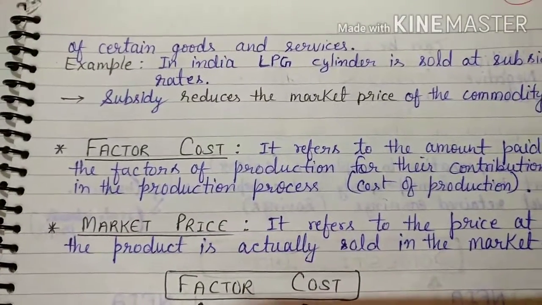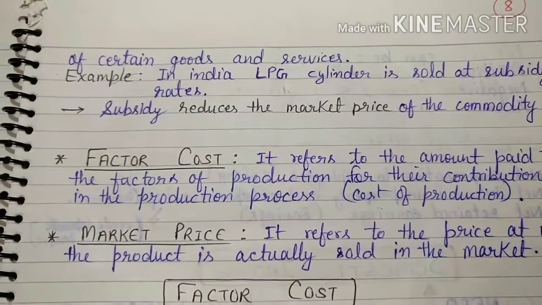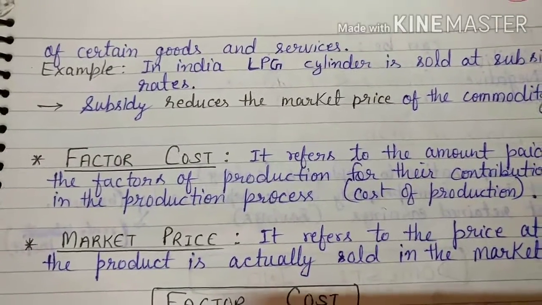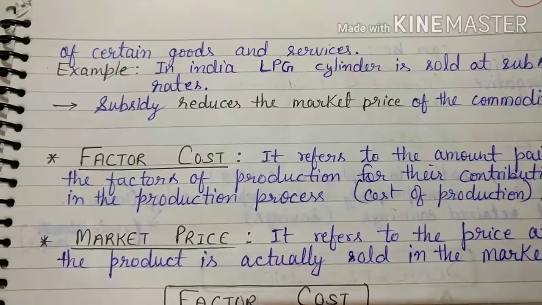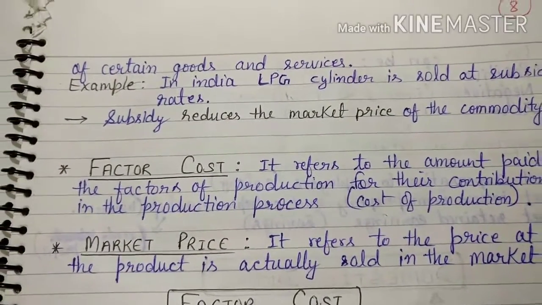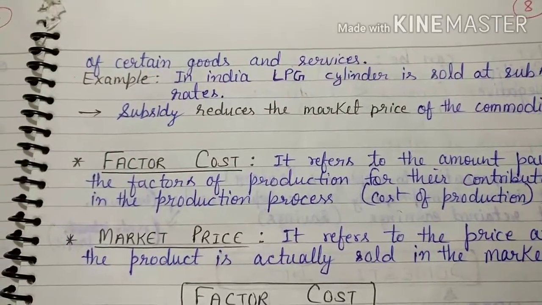For example, in India the most common example is LPG gas. You are getting LPG gas at around 740 or 720 rupees, but the actual cost of that LPG is much more than 720 rupees.